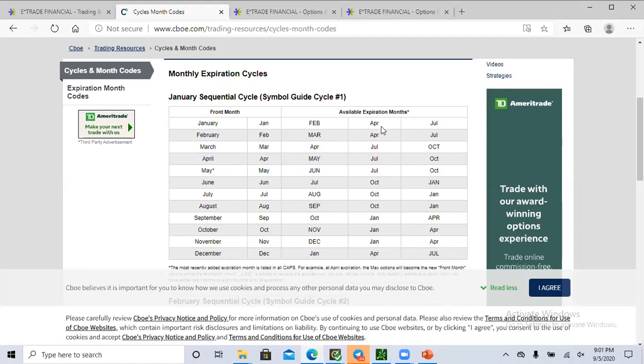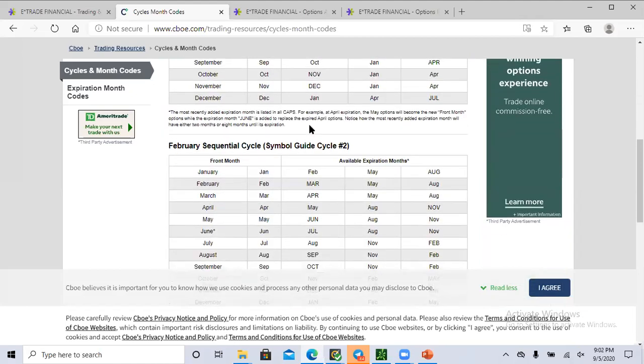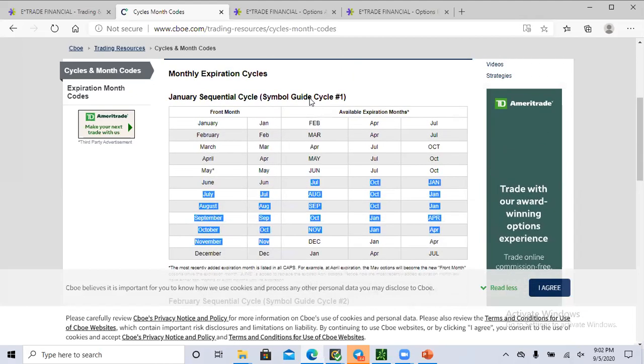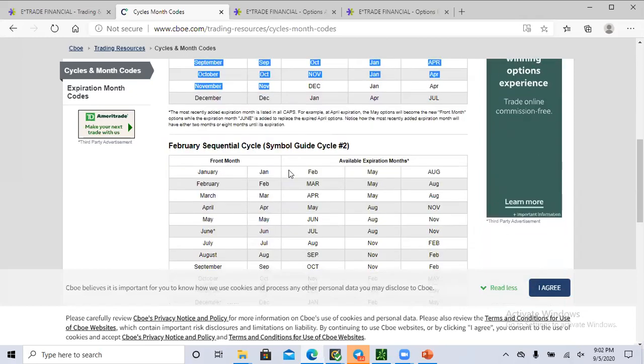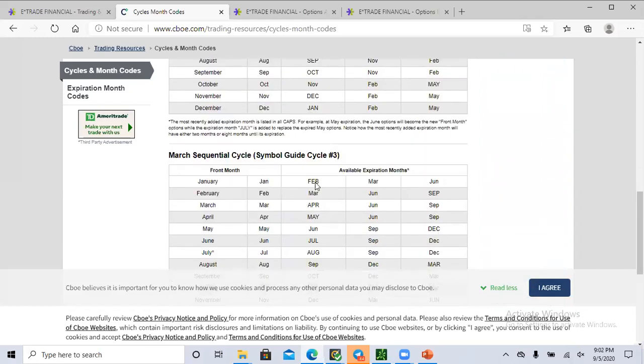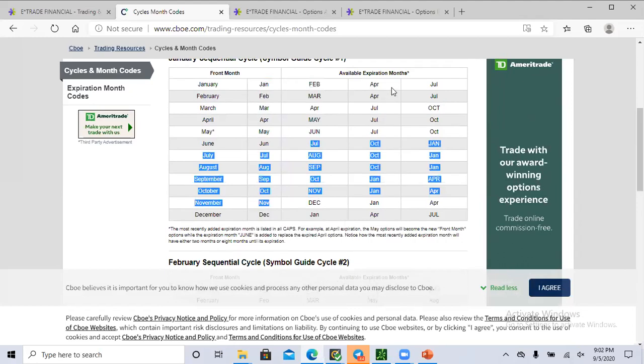So the cycle for this is April, July, and then you have July, October, January, April, then April and July again. So for each cycle, the first 2 months are always the same. See, January, February, January, February, January, February. The last 2 months are whatever cycle it's on.